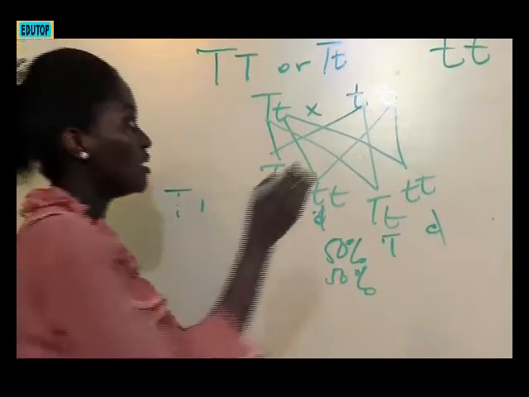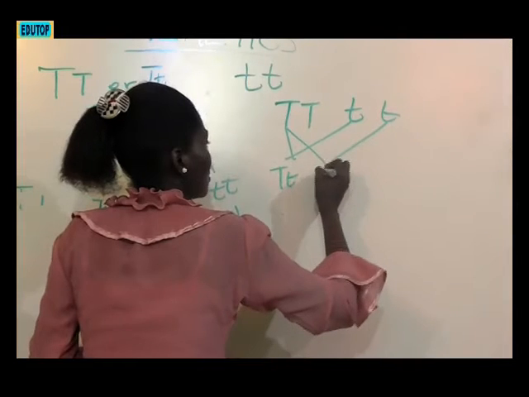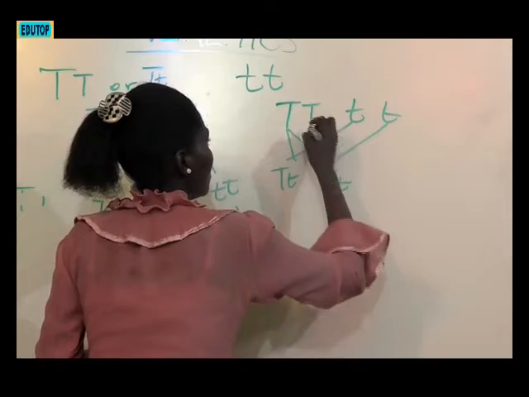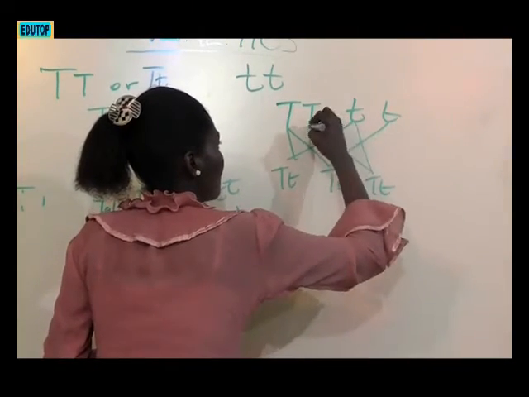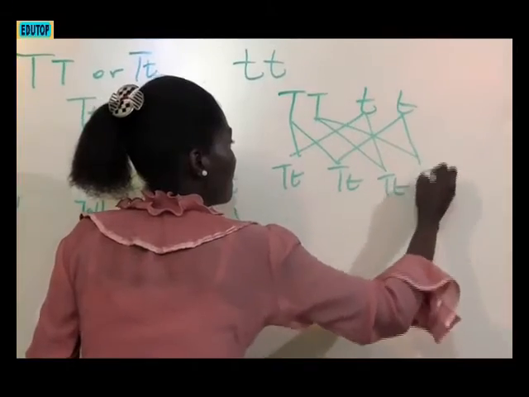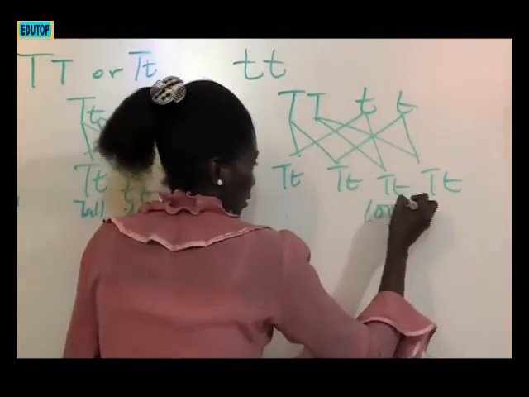The second option is this. The heterozygous tall and the heterozygous dwarf. Let's see what we have here. We have tall. So this is 100% tall.